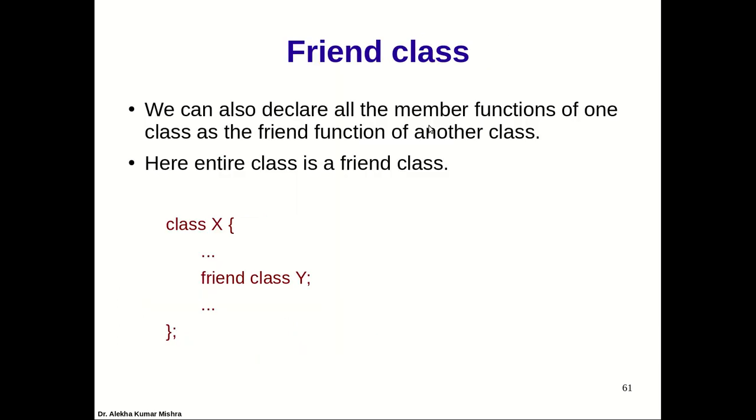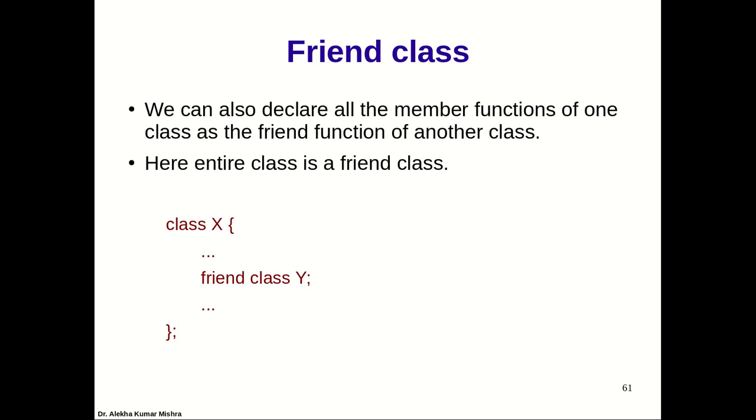Then comes the friend class. When you find that one class needs to use all the member functions, or let's say most of the member functions need to access the private data members of another class, then instead of making each member function a friend function, better make the entire class a friend.